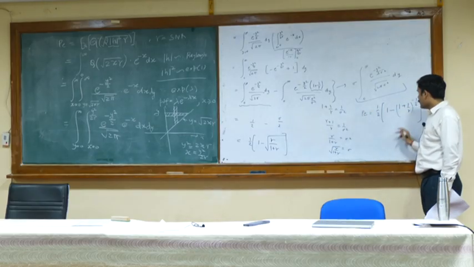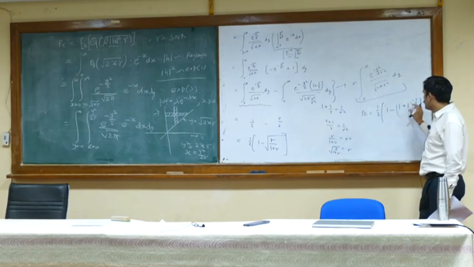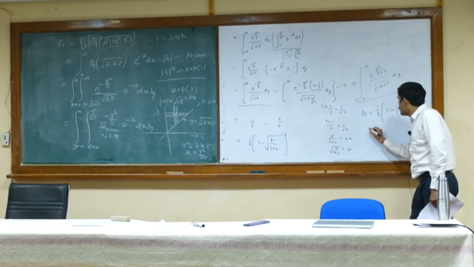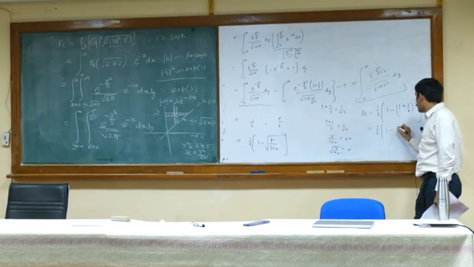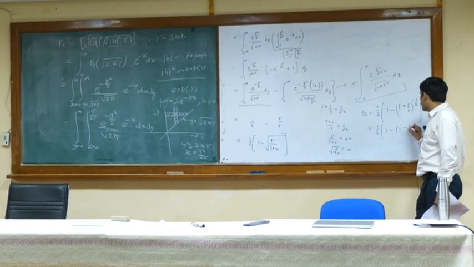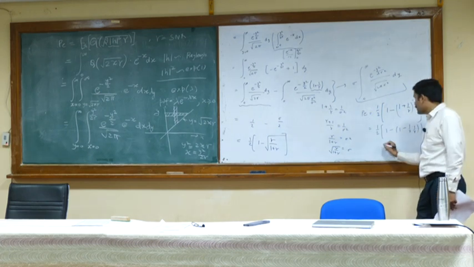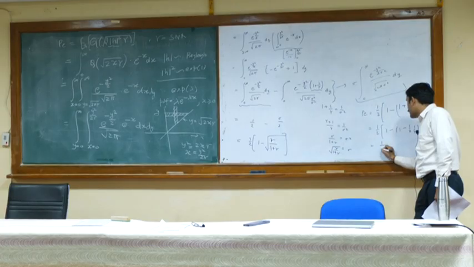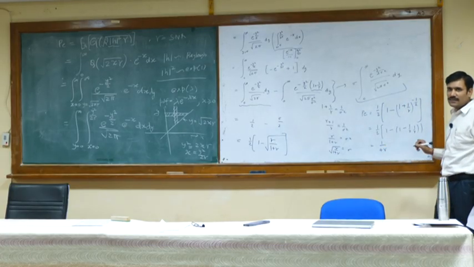Now since gamma is high, 1 by gamma is very, very low, so I can put the high SNR approximation for this: 1 by 2, 1 minus (1 minus 1 by 2 into 1 by gamma). Which comes out to be 1 over 4 gamma. So this is the high SNR approximation.